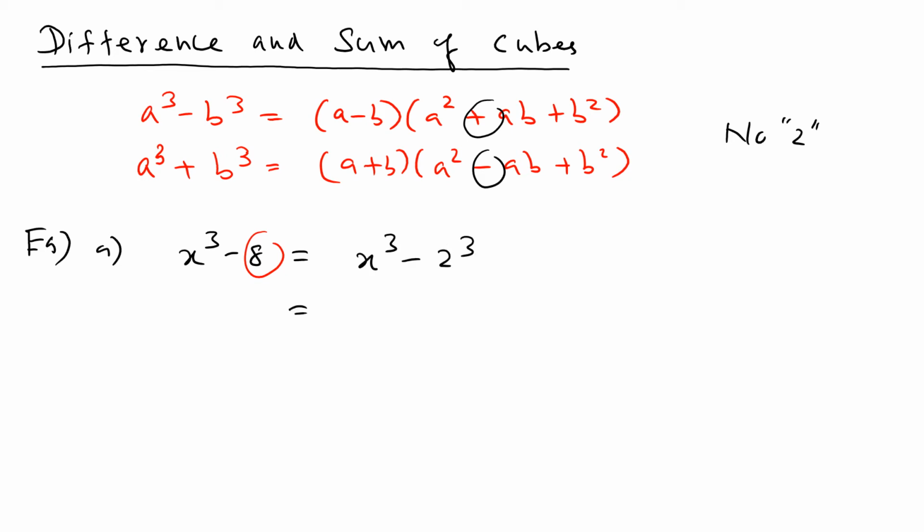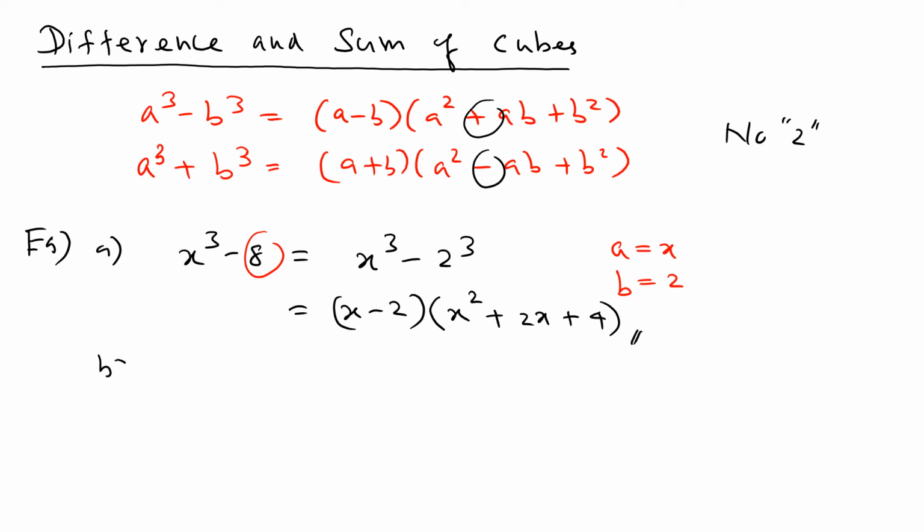Then according to the formula, the first factor is going to be x minus 2, because a equals x and b equals 2. We can directly use the formula. Then x squared plus ab, that means 2x, and then b squared, which is 2 squared, which is 4. That's how we write the factorization.